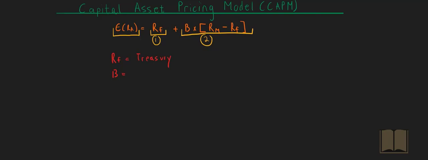Beta represents the systematic risk of asset A. What does that mean? It represents asset A's market volatility. So how does asset A behave in relation to forces that affect the entire market?